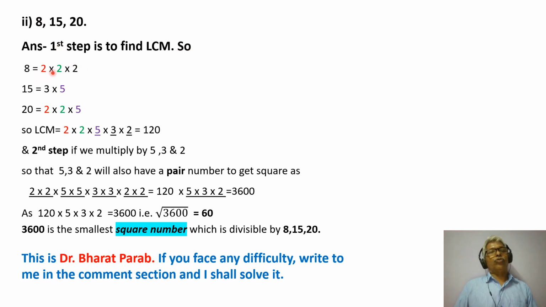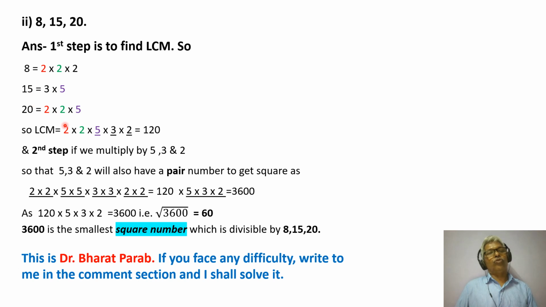So 8 is 2 into 2 into 2, 15 is 3 into 5, and 20 is 2 into 2 into 5. You know, if the same number appears in two factorizations, then you can take only one.